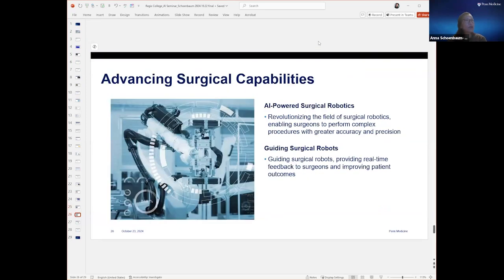The last area that I want to speak about is the advances in robotics and surgical capabilities. This is going pretty fast as well, with a lot of engineers dedicated to improving the surgical robot space.